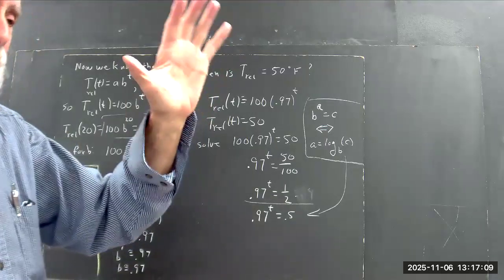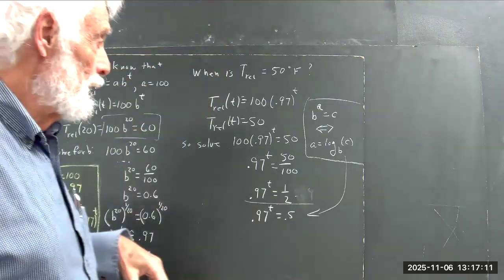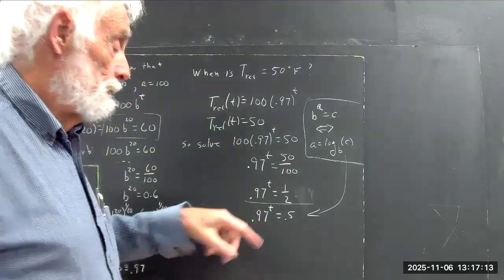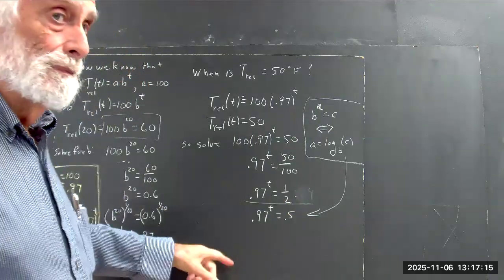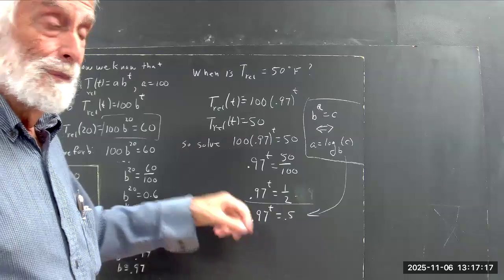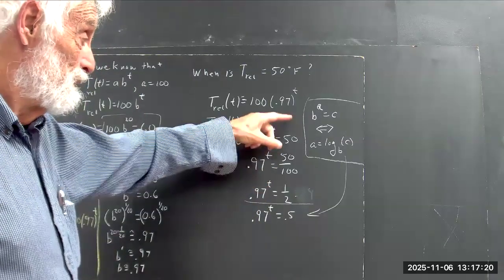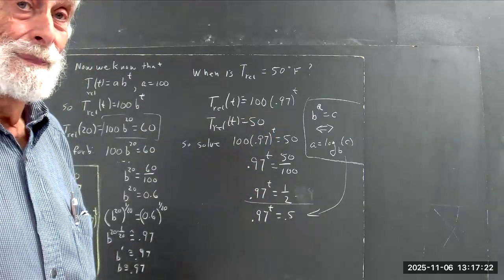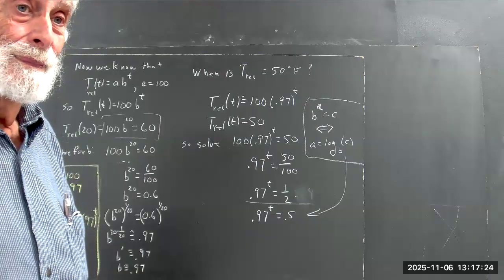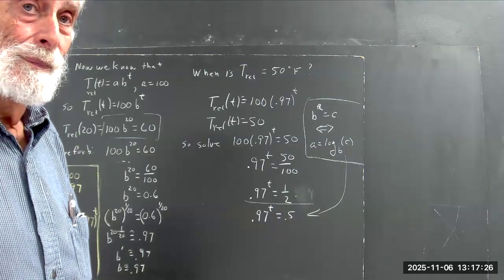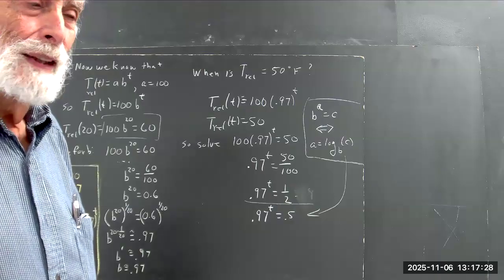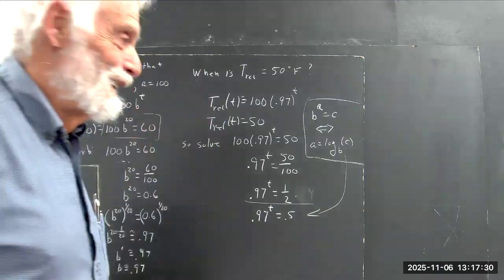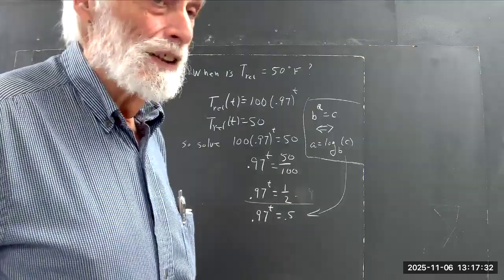And that showed me enough. I knew you saw it. Okay. And what's B? It's 0.97. Yeah. And what's A? Yeah, you could have done this. Okay, does everybody see that?